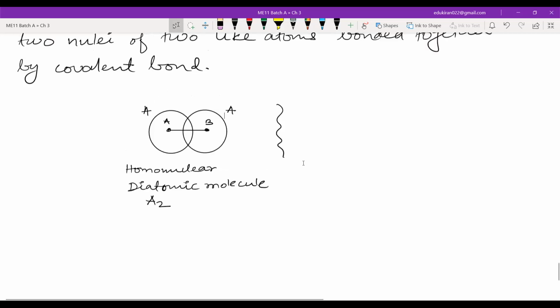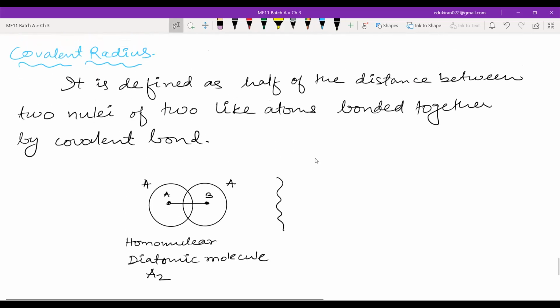Now, what is the definition saying? It is defined as half of the distance between the two nuclei of like atoms.